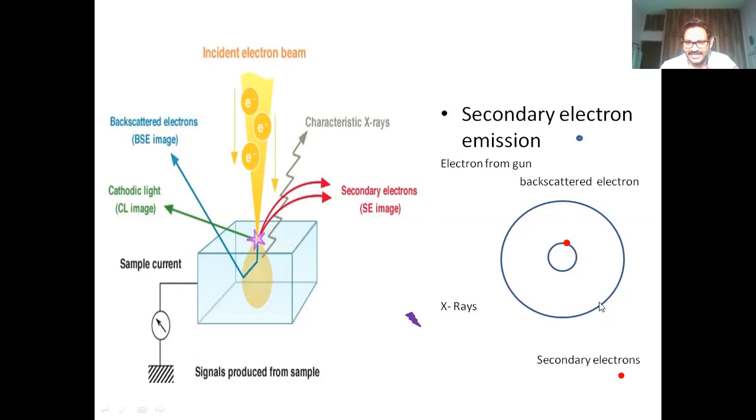When the secondary electron comes out, the L shell electron, the higher energy electron, will come to the lower energy state. So from higher energy to lower energy, it emits energy rays, and that energy we get in the form of X-rays. So X-rays are nothing but this.